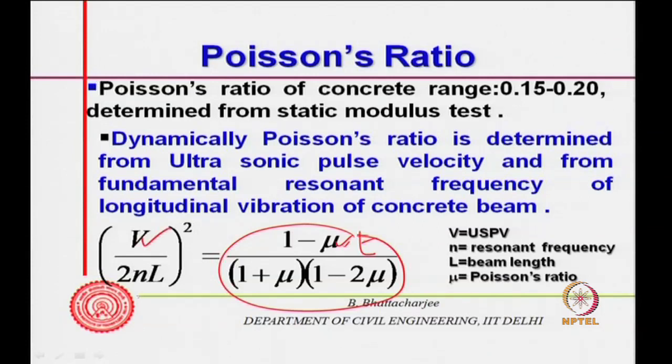So velocity, frequency and length are related to the modulus, and Poisson's ratio is related to that. This is the pulse velocity, resonant frequency, beam length, and Poisson's ratio. From that one can find out Poisson's ratio, so from dynamic testing also you can find it.